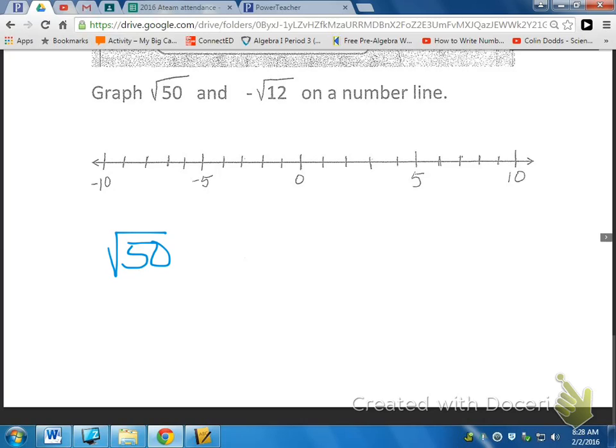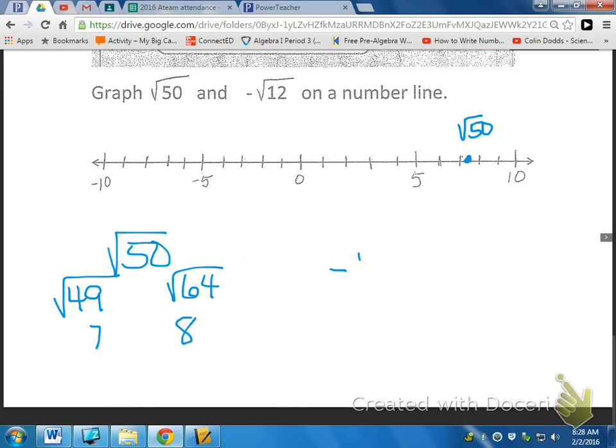Stephen? 7. 7 squared, so it's between the 49 and the 64, okay? And the square root of 49 is 7, and the square root of 64 is 8, but it's way closer to which one of those? The 7. So we're going to go just right past the 7, just a little bit past the 7, and we would put a point on the line and then square root of 50. And we did that without actually using a calculator to figure that out.